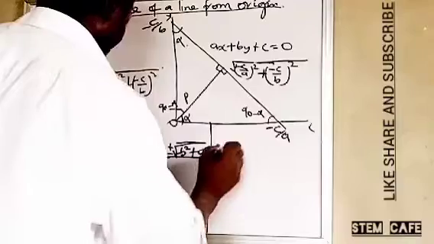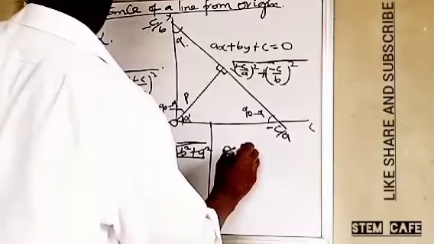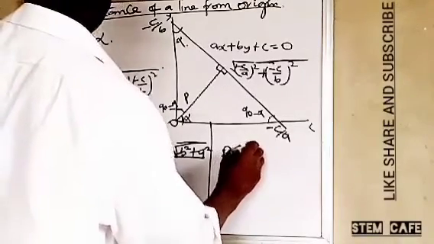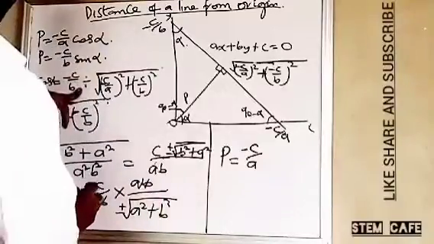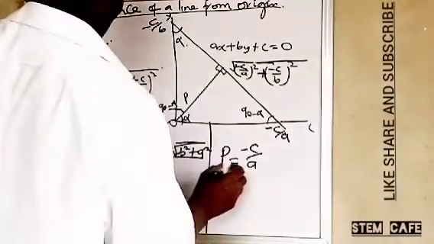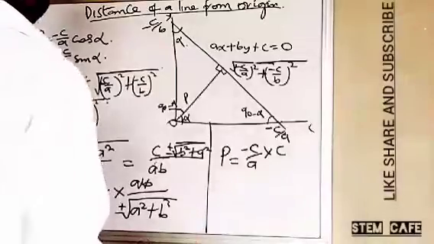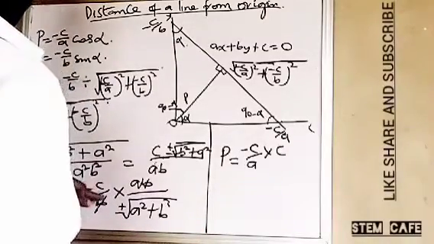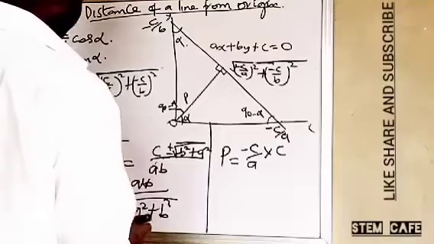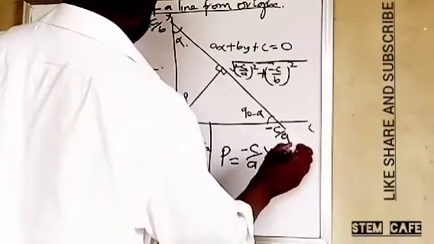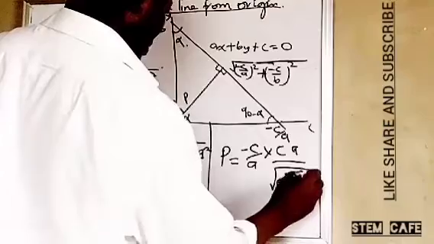So P is equal to minus c over a times c, cos alpha, c over b times ab, minus c over a times c a over root of a squared plus b squared.